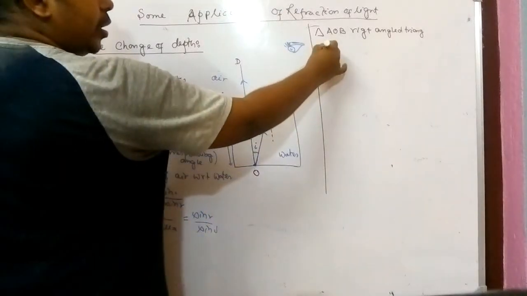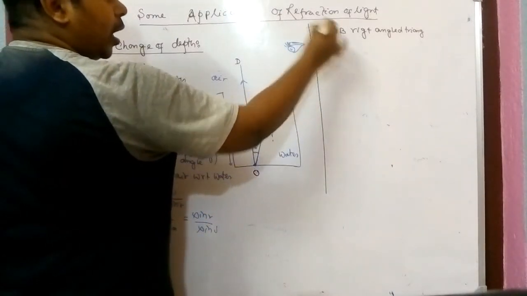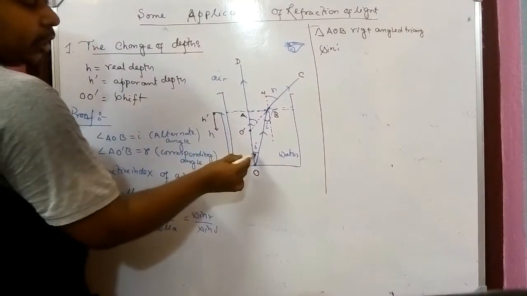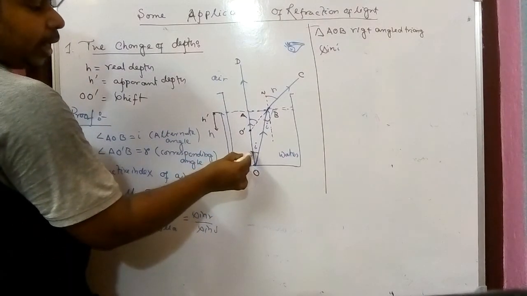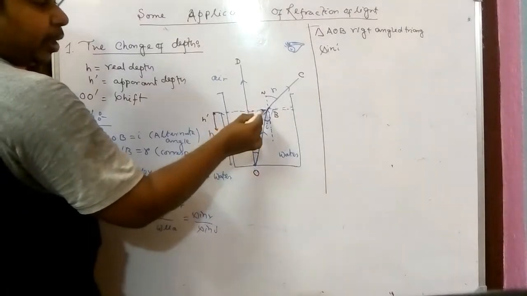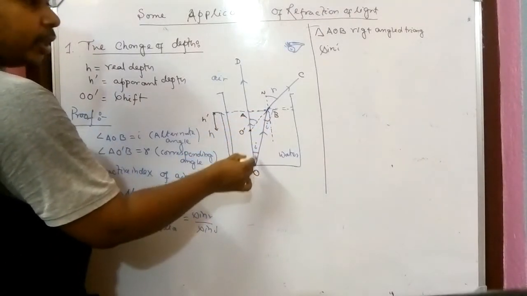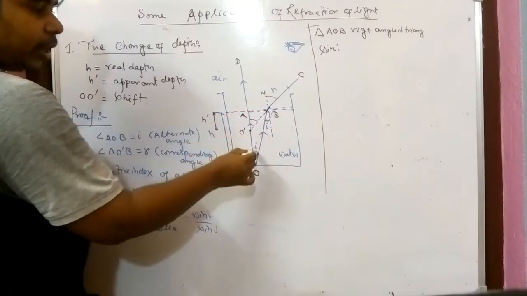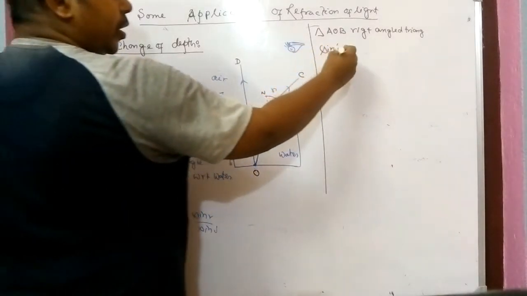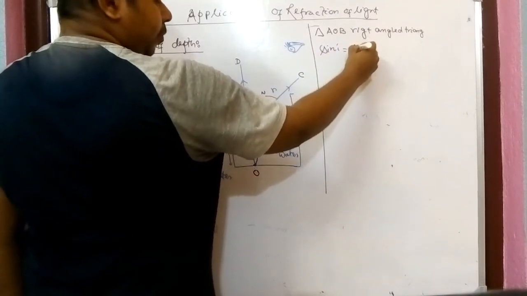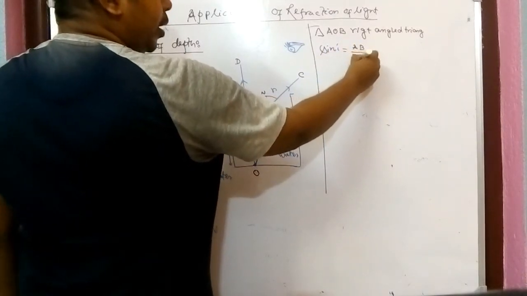So from here, if I want to find out sin i, sin i means, if this is the angle i, perpendicular by hypotenuse. So it is AB by BO.